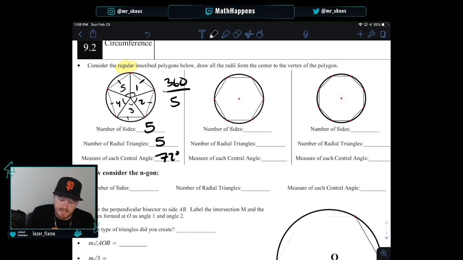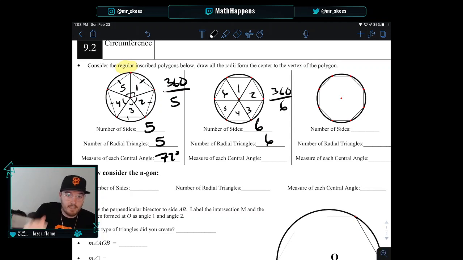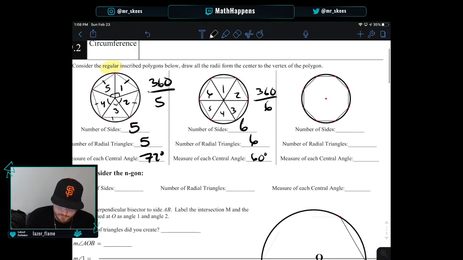All right, let's speed that up. Draw in your 6 radii, because this has 6 sides. This is a hexagon. So there's 1, 2, 3, 4, 5, 6 radial triangles. And this time around, 360 divided by 6, each is 60 degrees large.